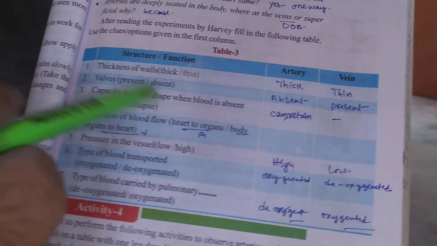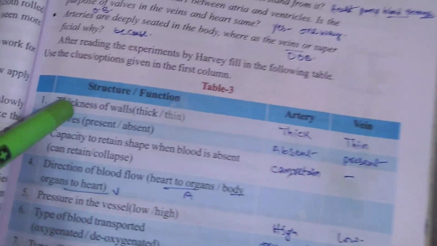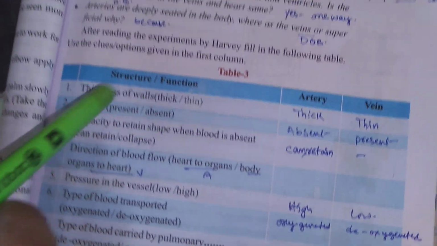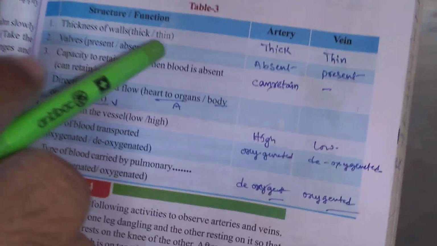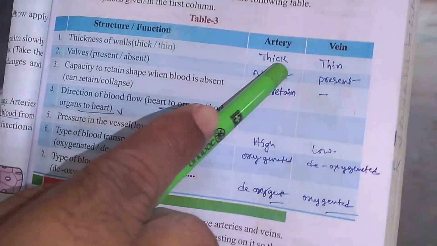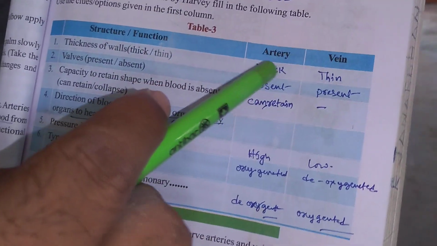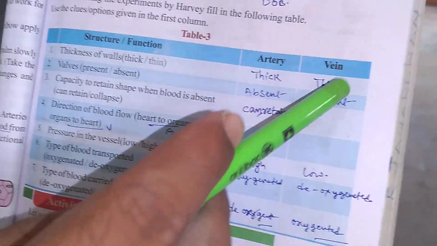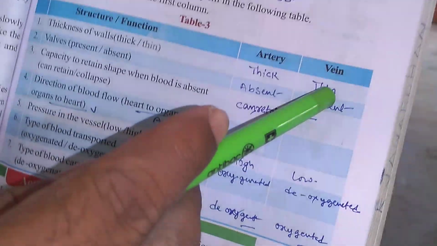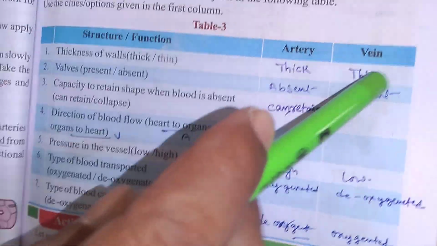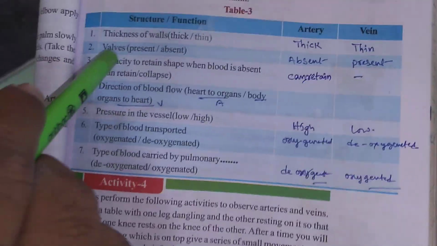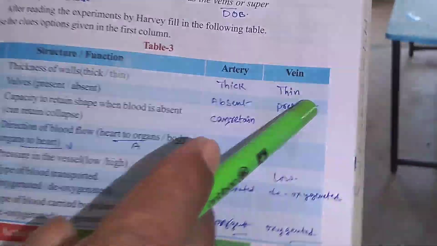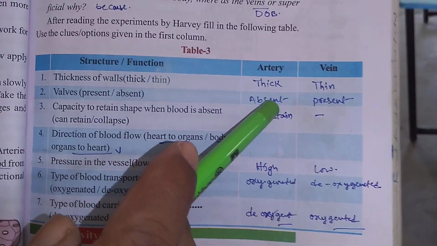Next, with the help of table number 3, we have to identify the differences between arteries and veins in a clear manner. See, the thickness of walls. Arteries have thick walls with elastic fiber. The veins have thin walls and have valves. Next, valves are present in the veins, absent in the arteries.